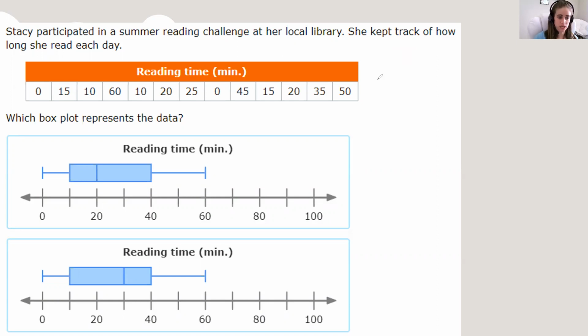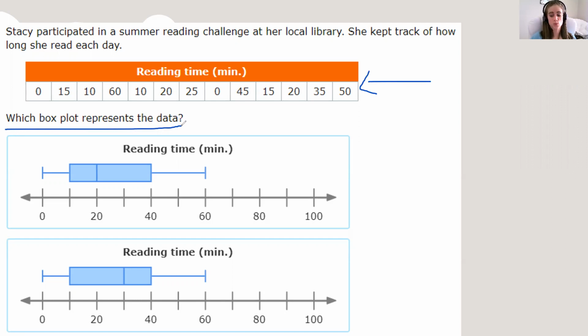So we're given the data set, and we need to figure out which one of these two box plots matches it. What I'm going to do is I prefer to look at the minimum and maximum first, see if that will help me select my answer. And then if it does, great.